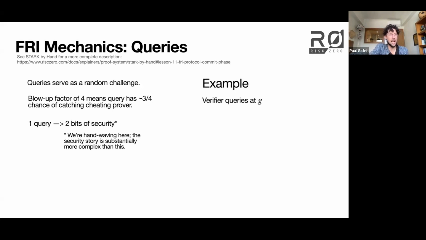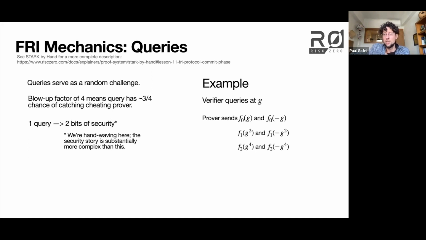So as an example, if the verifier specifies some point G, so this is going to be one of those powers of 28, the prover is going to send the evaluations of the first polynomial at G and negative G, along with the associated Merkle branches, and is going to send the evaluations of the next polynomial at G squared and negative G squared, again, along with the Merkle branches.